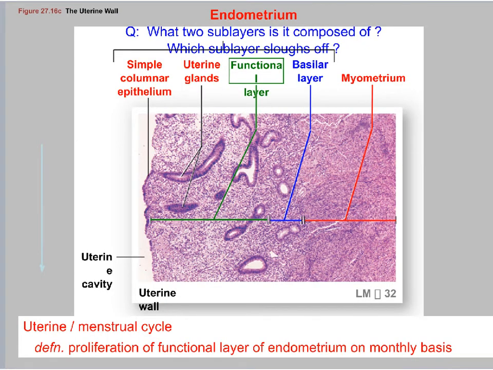Now we would enter the proliferative phase, and what you see here is the uterus tilted off to the side rather than straight up and down like you were looking at on the last slide. And here you can see the functional layer, and that's in green. And then you see the basilar layer here in blue.